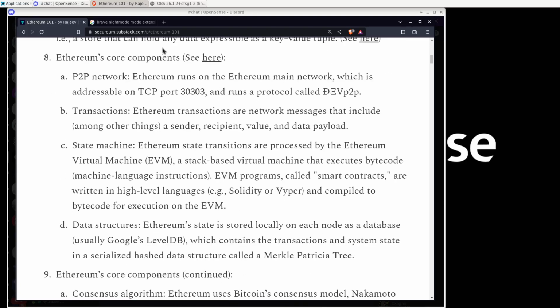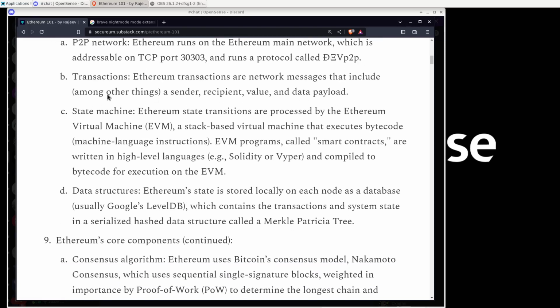Ethereum's core component is a P2P network. Ethereum runs on the Ethereum main network, which is addressable by TCP port 30303 and runs on a protocol called DevP2P.